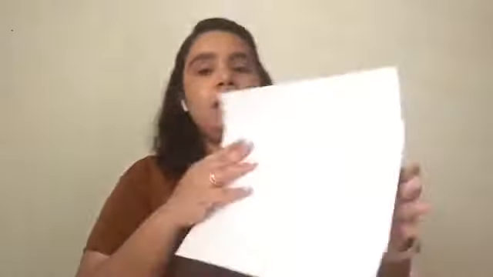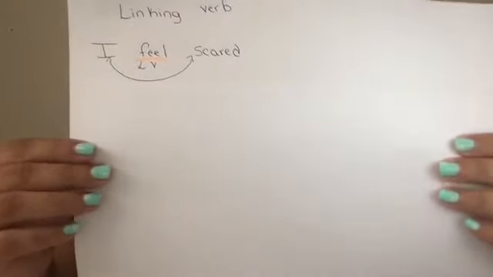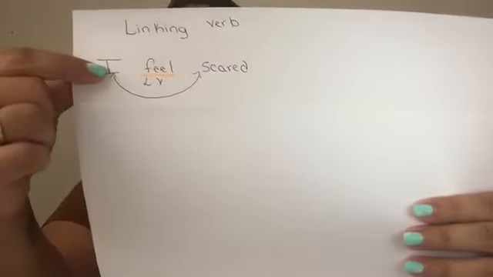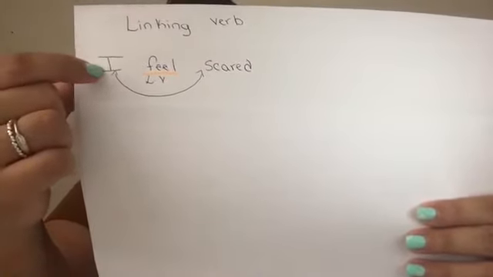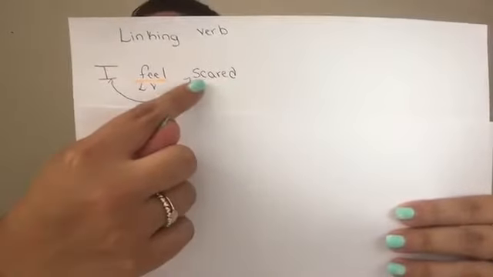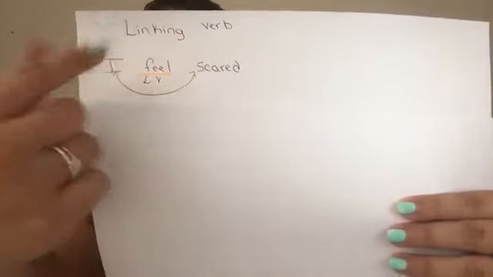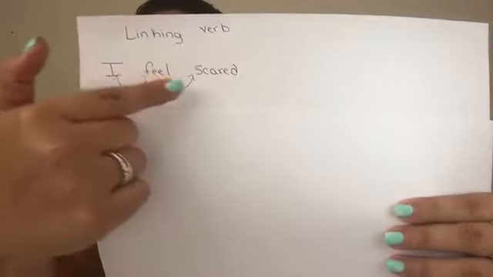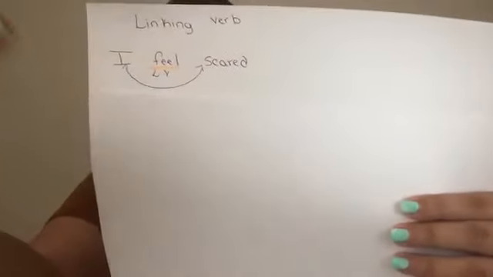So we have linking verb, and we have I feel scared. We have our pronoun that is working as a subject, and we have our adjective, okay? And then the link between those two is feel. It's a feeling that you have.